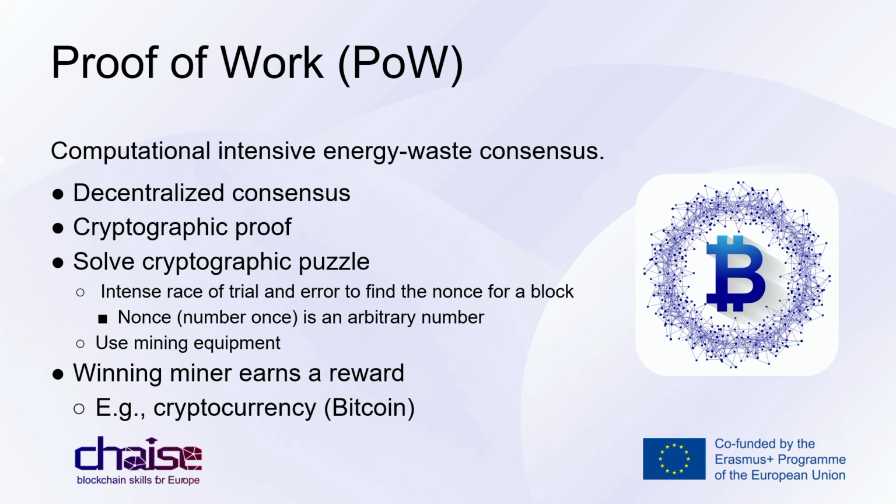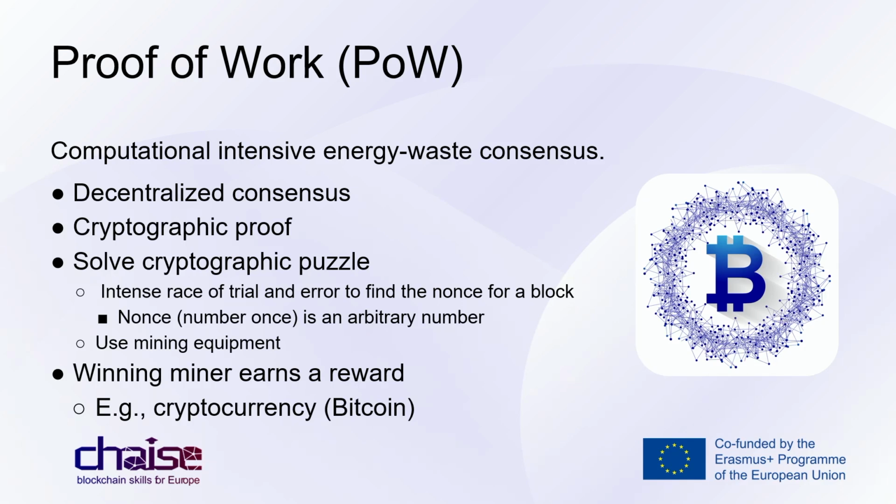Using mining equipment, miners solve cryptographic puzzles to earn incentives in terms of cryptocurrency. For example, in Bitcoin, once they find a block, they get a block reward, which is currently 12.5 Bitcoins, if I am not wrong, and it gets halved every 4 years.